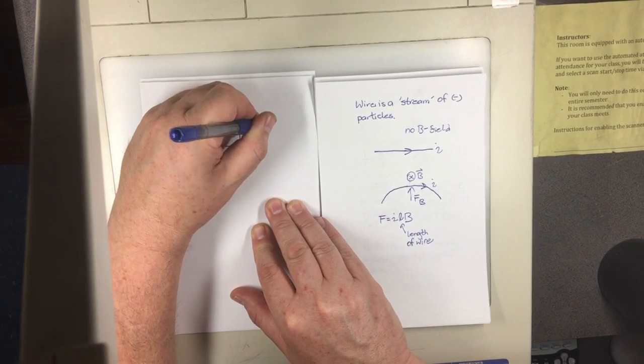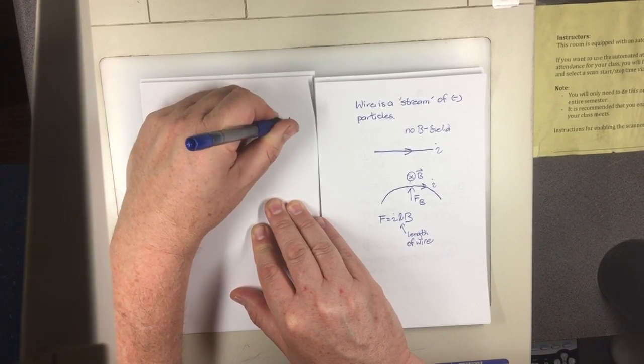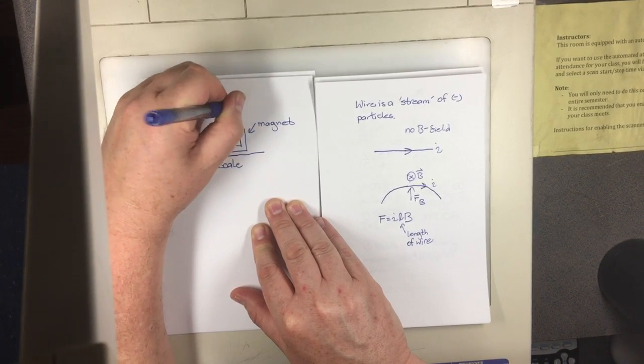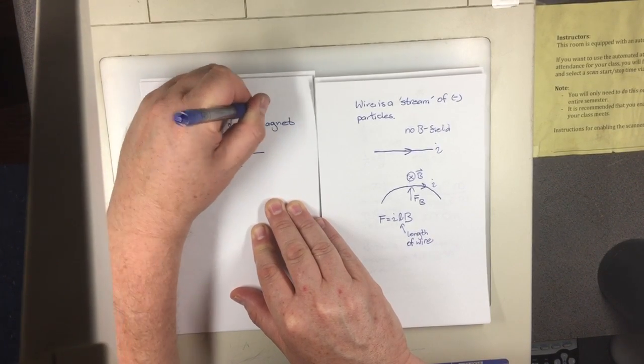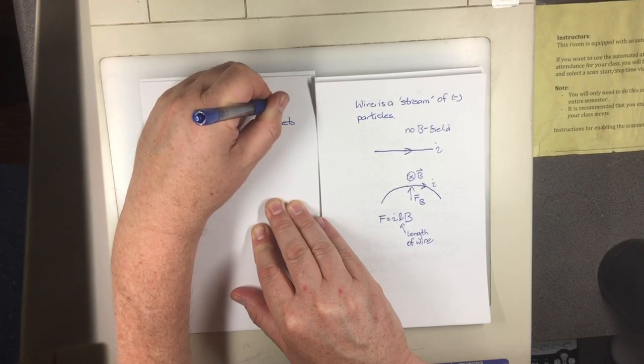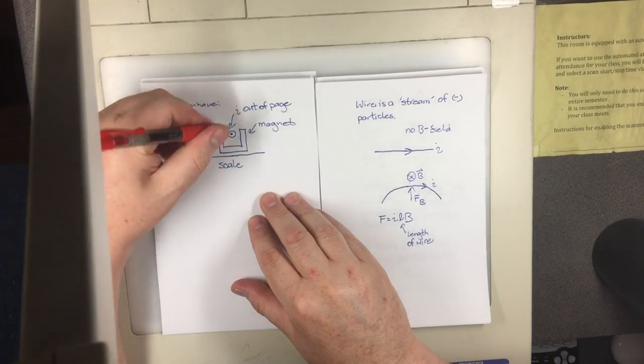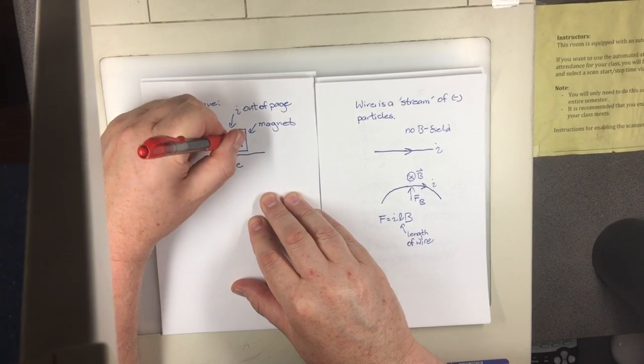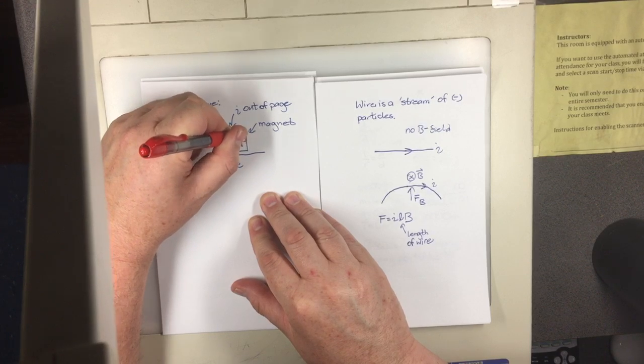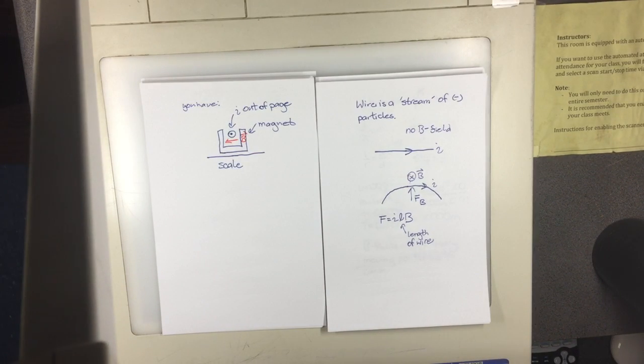This is a magnet, and that is I out of page. The way I'll have this thing set up is that in this gap, the B field is from right to left.